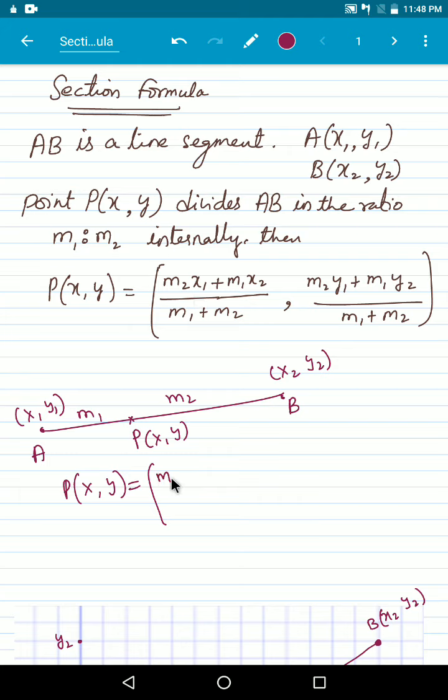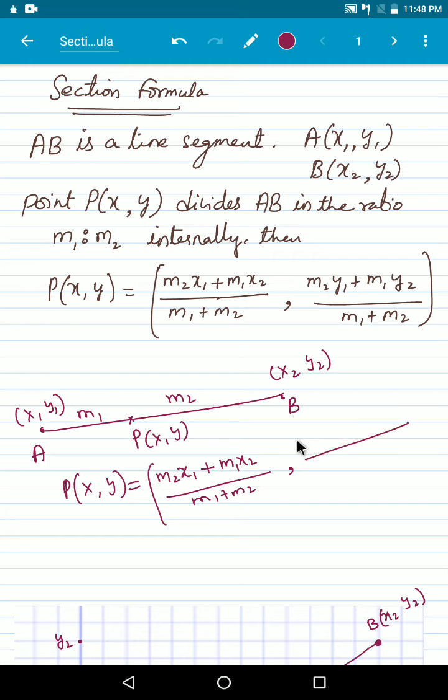See here, write m2 first, write x1 not x2. If you are writing m2, write x1, plus, see we wrote m2 already, now we need to write m1 and x2, divided by m1 plus m2, the addition of the ratios in the denominator.